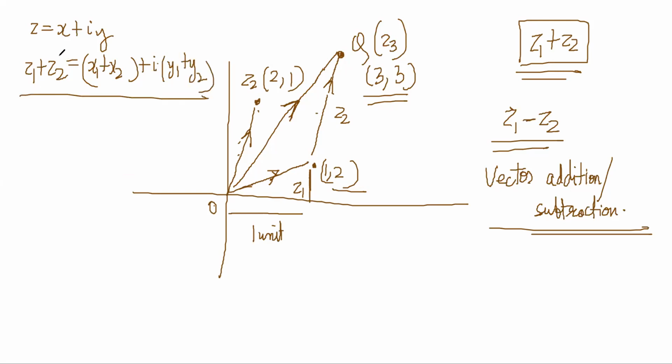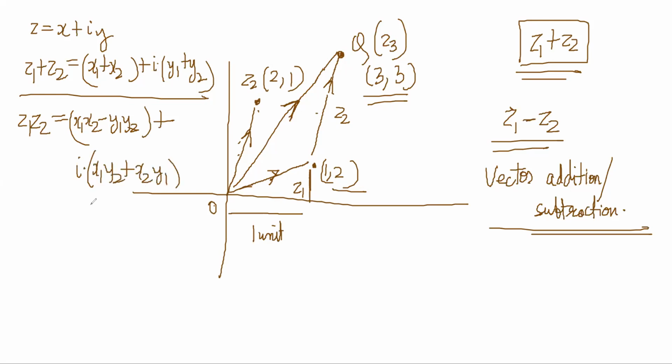We could do the whole chapter using just pure algebra and not think about the physical implications of it. You understand? I can define z1 z2 as you just multiply and you get (x1 x2 - y1 y2) + i(x1 y2 + x2 y1).